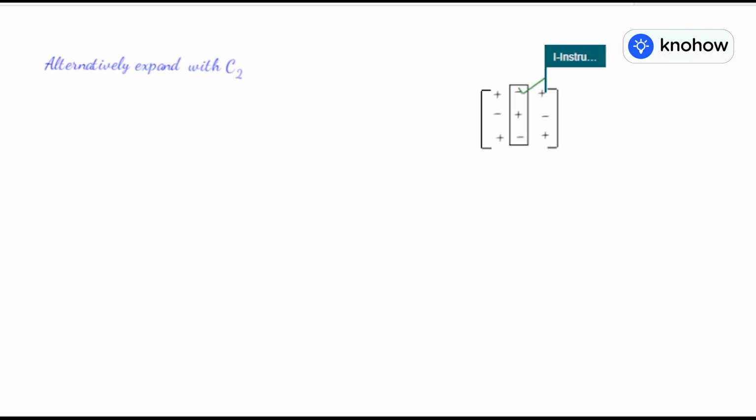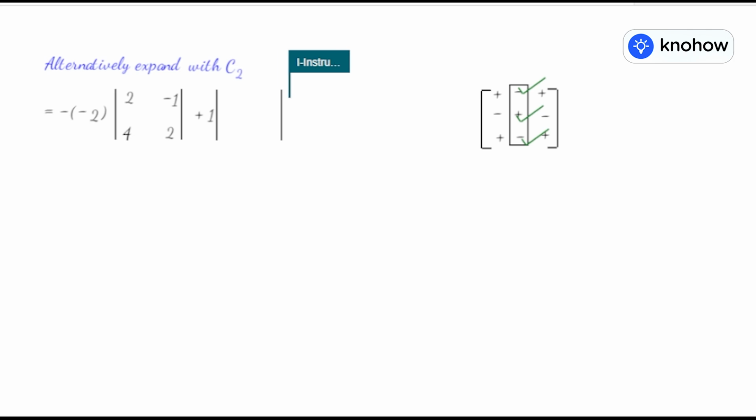So it will start with minus times minus 2 into, delete the row and column through minus 2, and you get 2, minus 1, 4, 2. Then the second element of the second column is 1, and we'll take it positive times, so it will be plus 1 times, delete the row and column through 1, you get 3, 3, 4, 2.